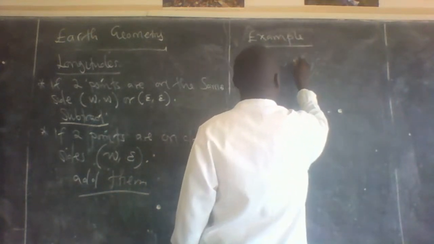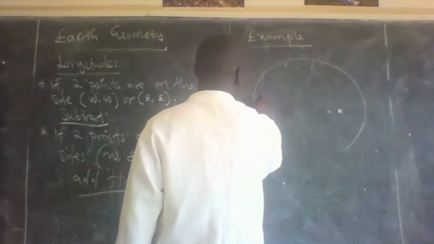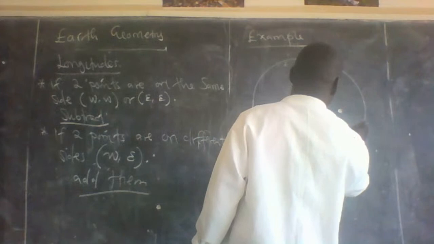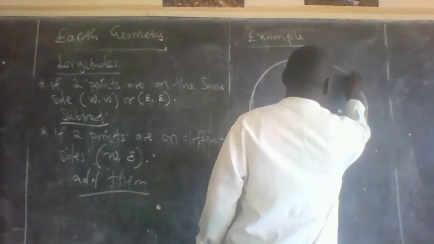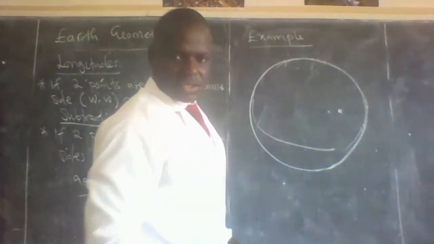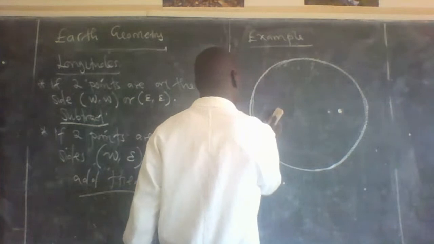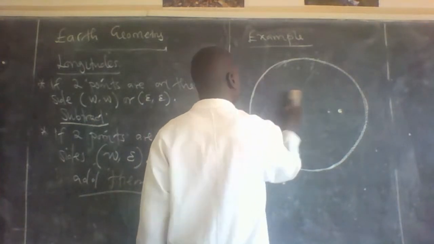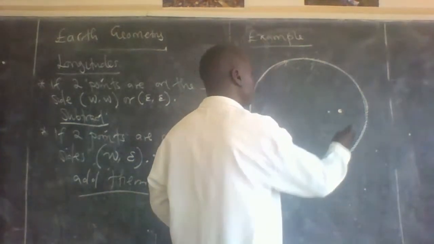We can have the globe, which is difficult to draw freehand. This will not be drawn to scale. Okay, that is our globe. I'm just going to use coordinates of my own.